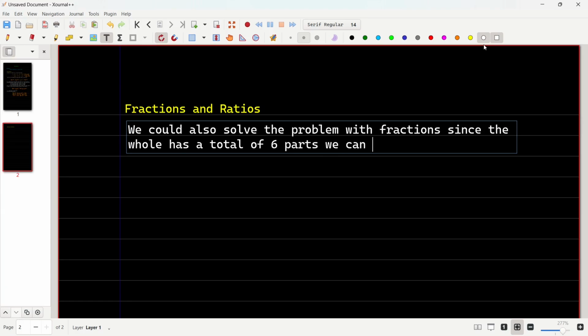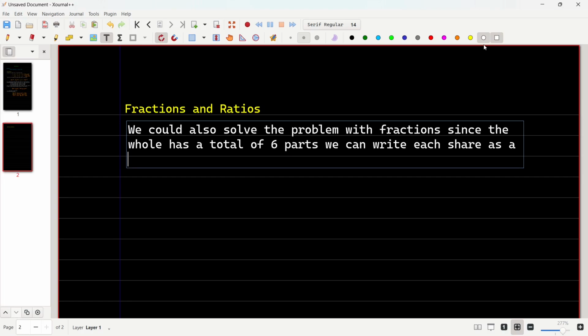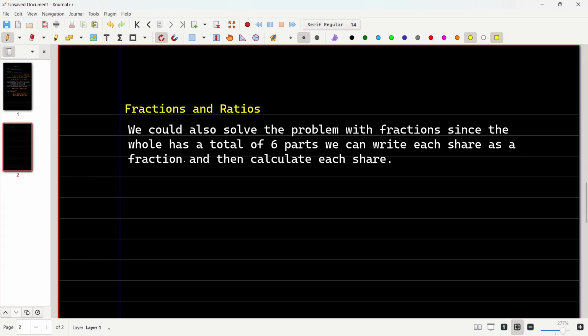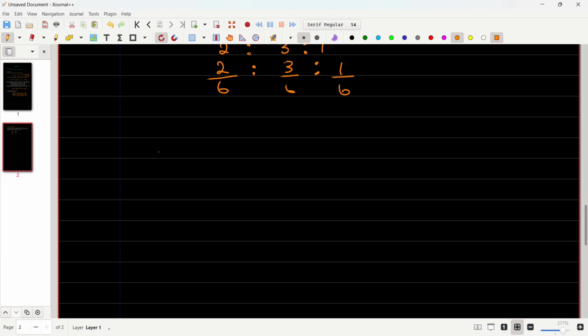We can write each share as a fraction and then calculate each share. Oh, rain is starting to fall. Let me see if I can finish this quickly. 2 to 3 to 1 can be written as fractions as 2 over 6 to 3 over 6 to 1 over 6. And then we can simply calculate that fraction of each piece.